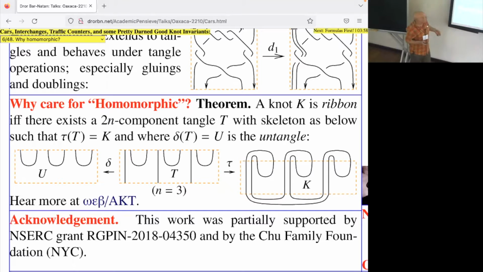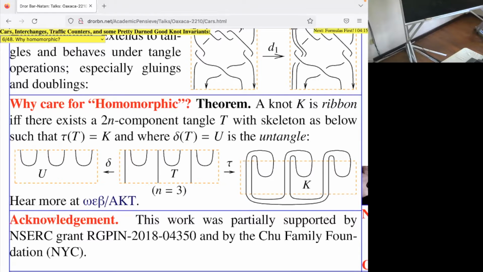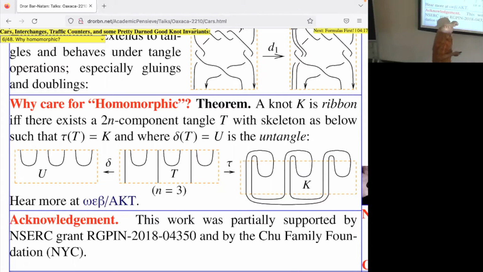And with the property that tau of the tangle is the knot, where tau of a tangle is the thing you get by doubling all the vertical strands and composing with caps and cups below and above as shown. Such that delta of the tangle is the unknot, where delta means delete all the vertical strands.